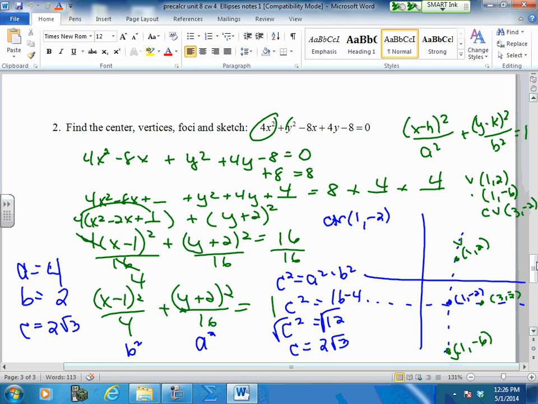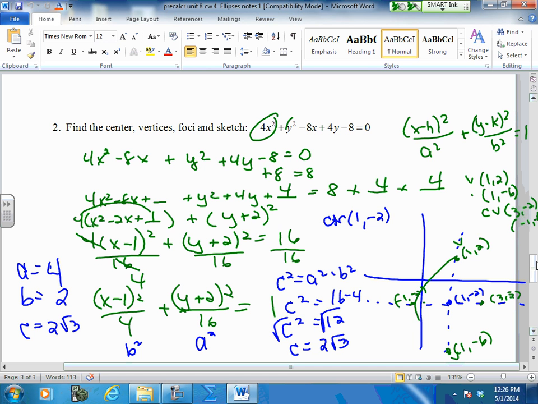And I got to go the other way, 2 this way. Negative 1, negative 2. Moving my x, so that's also my other co-vertex. Negative 1, negative 2.